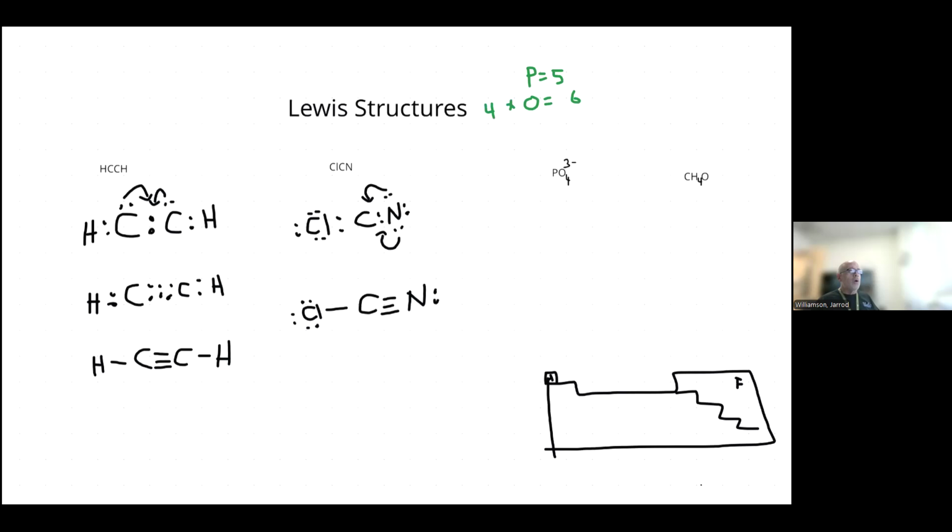So 4 times 6 is going to be 24. The 3 negative means I have an excess of 3 electrons. So 24 plus 5 is 29, plus 3 more is 32.